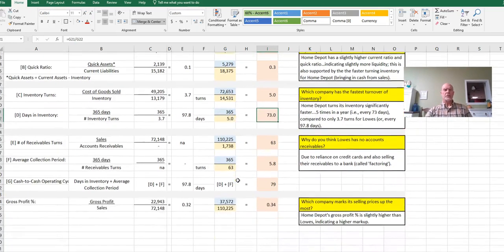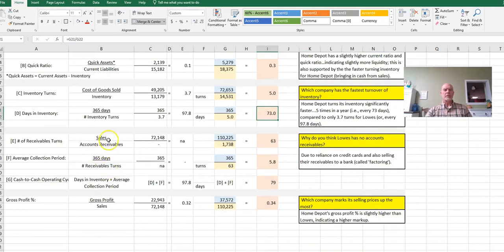How about the receivables turnover? Again, we've looked at the calculation of that, sales divided by accounts receivable. And if we look at Lowe's, they don't have any receivables on their books. And Home Depot has a very small amount of receivables compared to their sales. Two things are at work here.